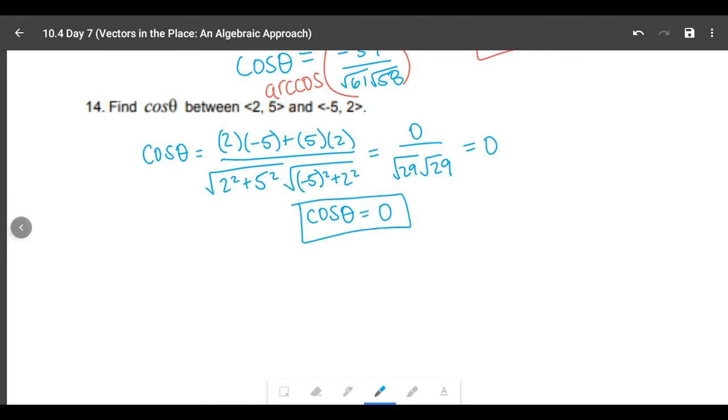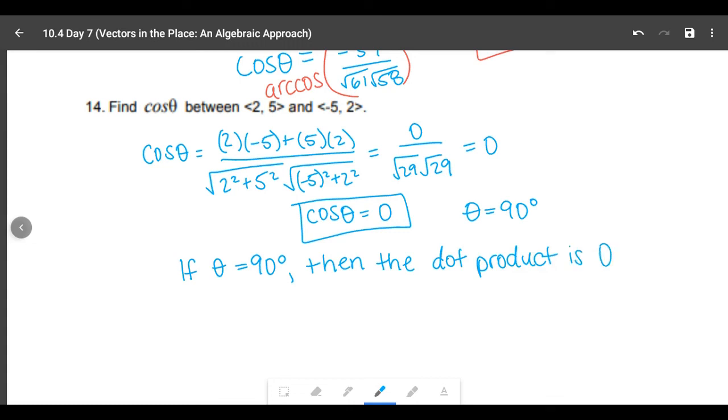Now let's talk about this really quickly. When cosine of theta is 0, that's telling me that theta is equal to 90 degrees. So what we can say is, if theta is 90 degrees, then the dot product is 0.